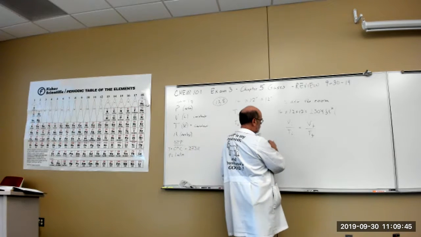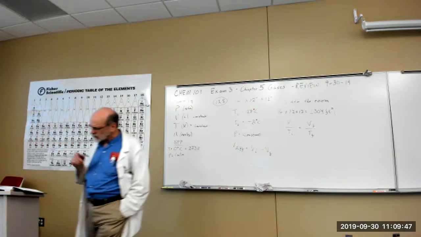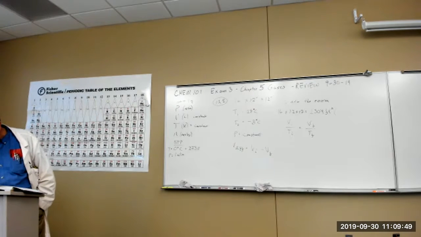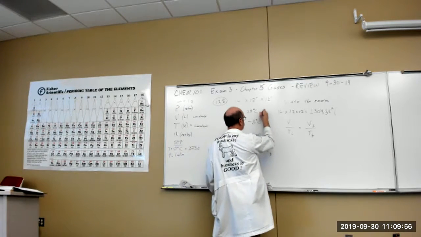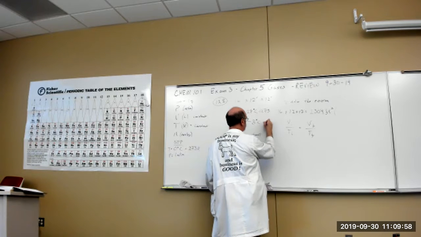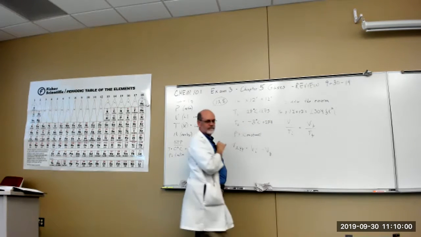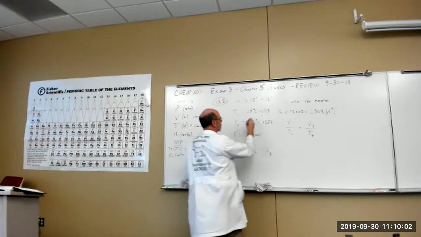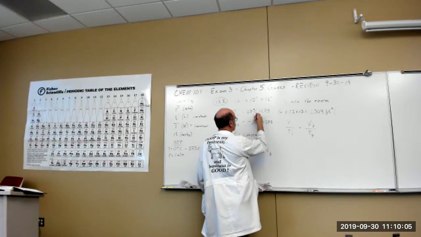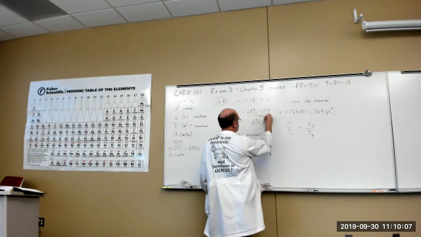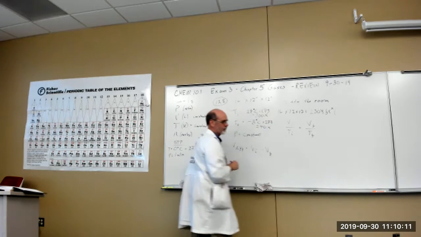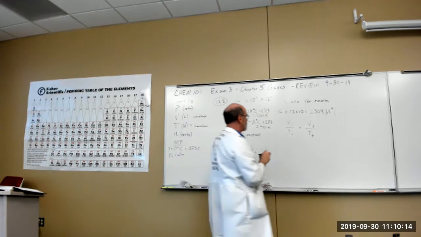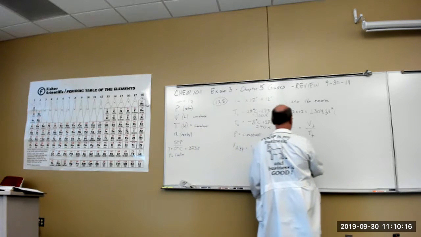All right, I forgot to do one thing, didn't I? Got to change it to Kelvin. So this one is 300, and this one is 270. Right? Okay, so what's the final volume?